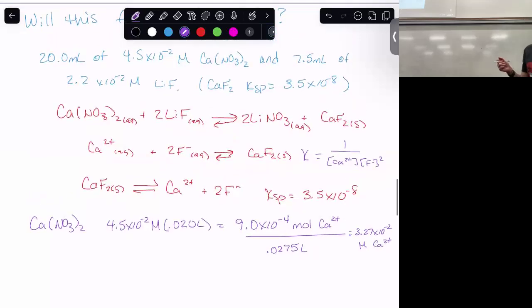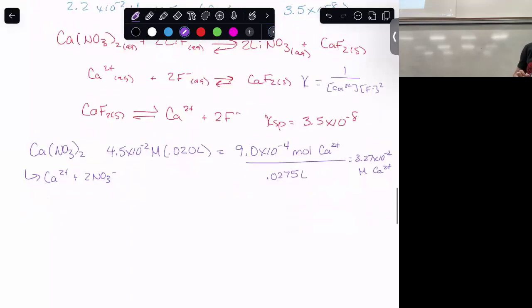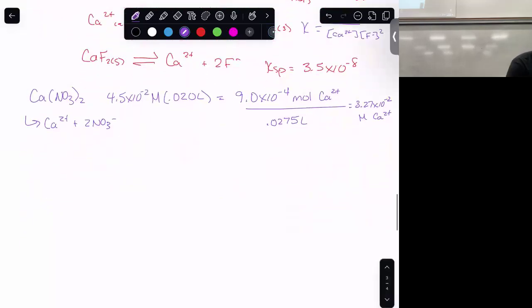Yes, yep. So this time we have to multiply it by 2, because if we were to break this apart, this becomes calcium 2 plus and 2 NO3 minus. But if we're going to do the same thing for lithium fluoride, this breaks apart into lithium plus and fluoride minus, but in our reaction, we have 2 of these. So that's 2 lithium and 2 fluorines.